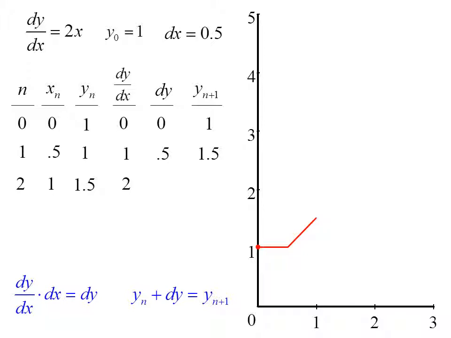And we repeat the process, finding a new value for dy/dx, multiplying by dx to get dy, and adding that number to the previous y to get the next value of y. So after 3 iterations, we're at 1.5, 2.5.